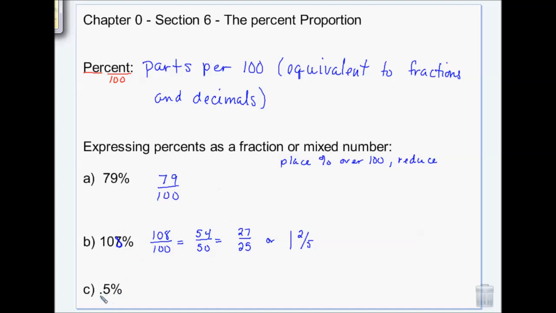Now here I have a decimal percent, so I can put the 0.5 over 100, but you don't keep decimals in fractions. So we have no decimals in the fraction, so what we need to do is move both the numerator and the denominator the same number of decimal places.